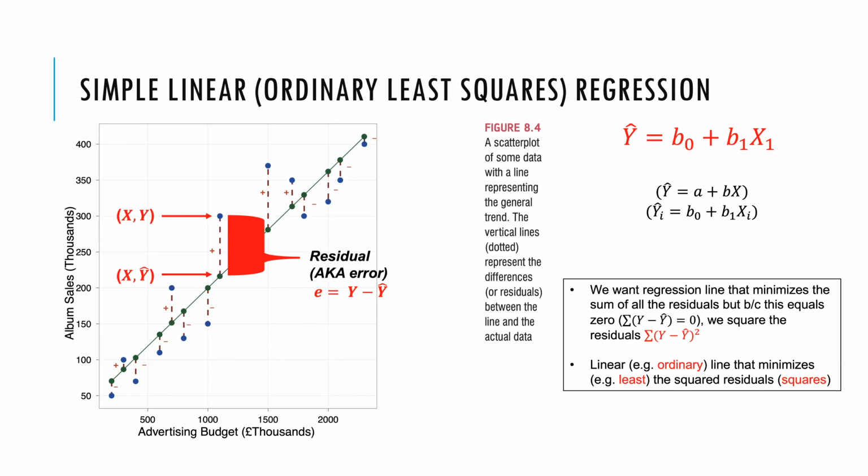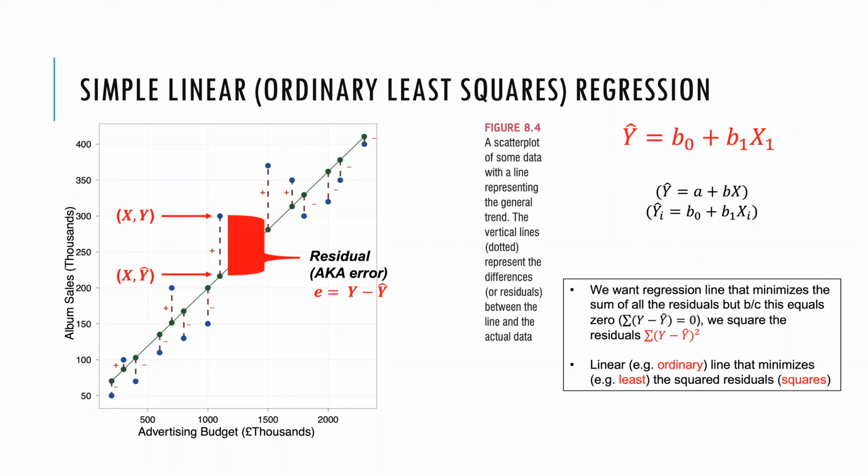Much like when we're summing up the deviation scores for each person, they're going to sum to 0 because the mean represents the center of gravity. Here, the best fitting line also represents the center of gravity, distances between each of these points. So instead of summing up all those residuals, we sum the squared residuals. The best fitting line, the line of best fit, the regression line through these points is one in which the squared residuals are minimized.